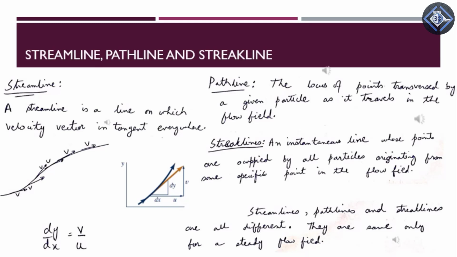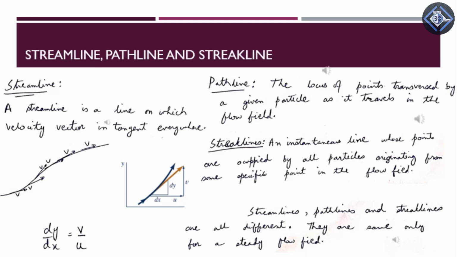How we draw a streak line is we choose one location and we see which particles are going through this point, and then at time t equal to t1, all the particles that have previously passed through this point, we want to see where they are and make a line joining all these particles. The line that we make by joining all these particles is a streak line, and all these particles have passed through some specific location.